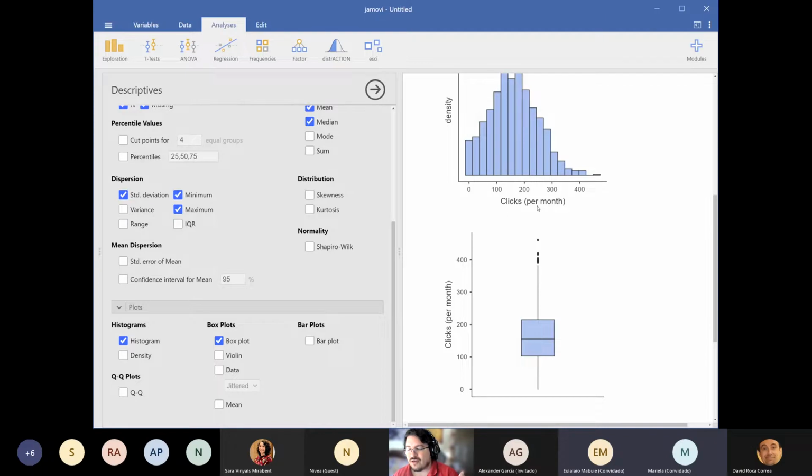Probably someone didn't collect that data properly, or maybe you had a problem in the software that was counting those clicks. You have to look more into that. So maybe the outliers are more like points of interest that might lead you to identify problems in your data set. But they are not necessarily bad points that you have to exclude.